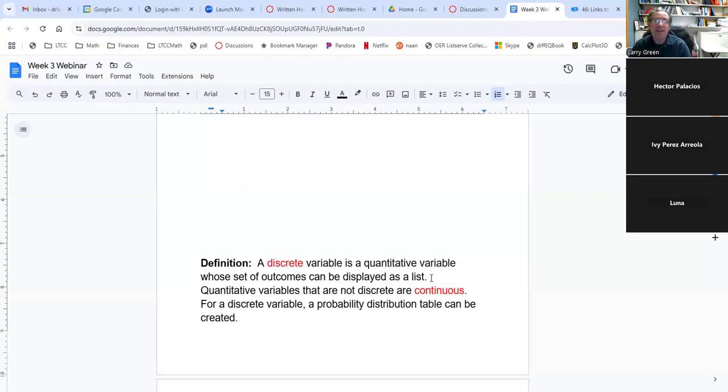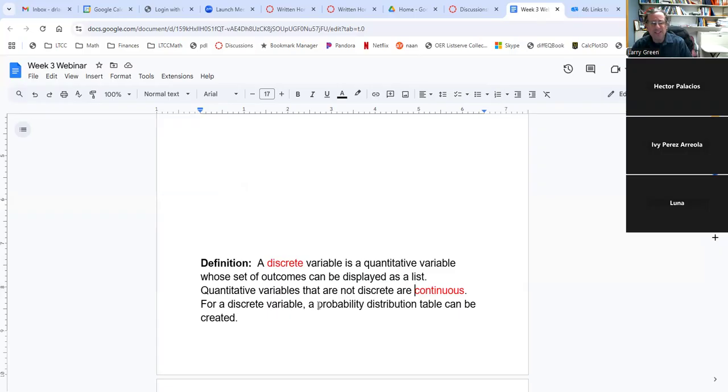And they must be quantitative. So the outcomes are numbers. They're not things like, what's your favorite color, where the outcome would be blue, red, green. Those aren't numbers. Quantitative variables that are not discrete are called continuous. Those are the ones where you can't list all the outcomes, it just couldn't be done.